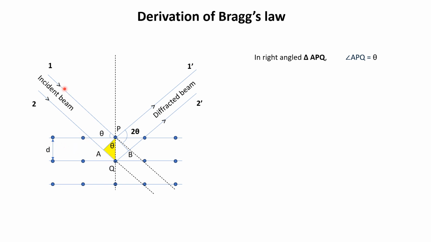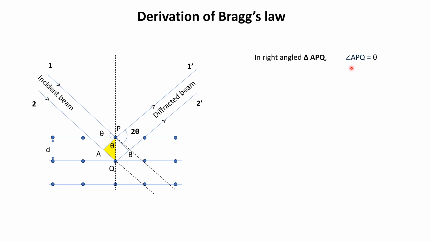You see, the angle between two lines is the same as the angle between their perpendiculars. So the line is 1 and P and the perpendicular is PA, and this line has a perpendicular with this. So the angle between these two lines is the same as the angle between these two perpendiculars. I think that clears it.